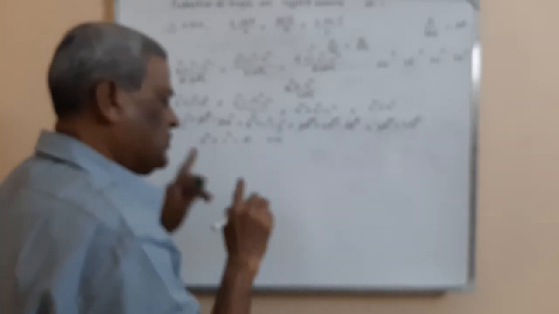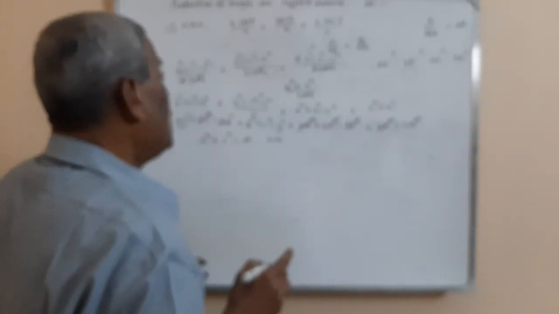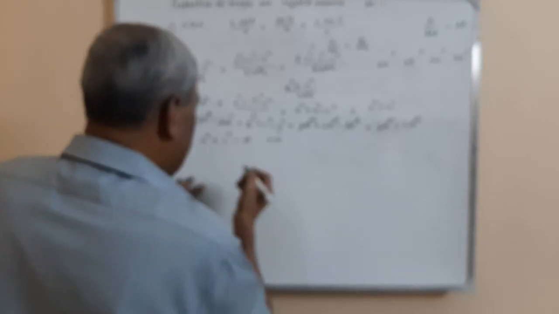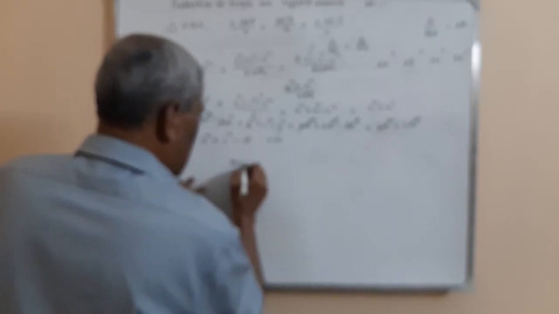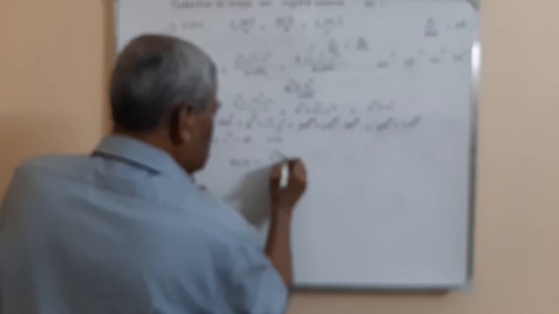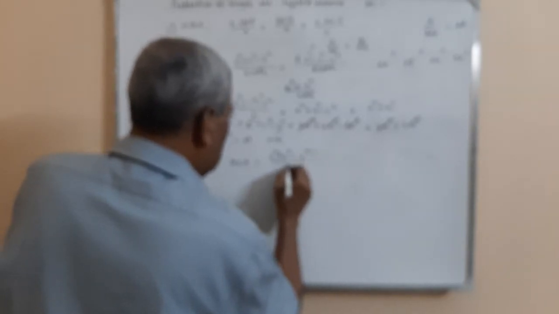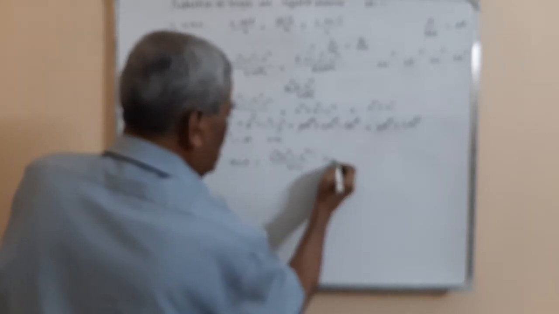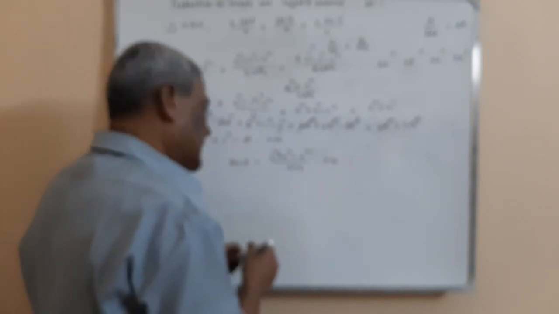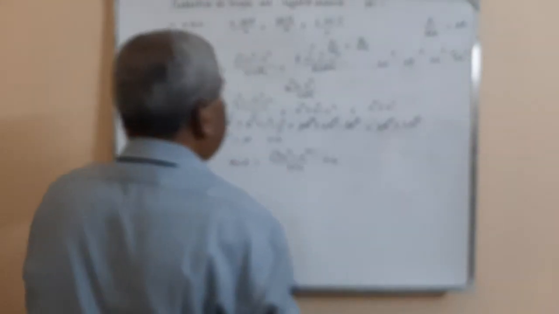So B square plus C square is equal to A square means either we can say that cos A is equal to B square plus C square minus A square by 2BC. B square plus C square is equal to A square, it means it is 0. Cos A is 0, so A is 90 degree. This one is the correct option. Our next problem.